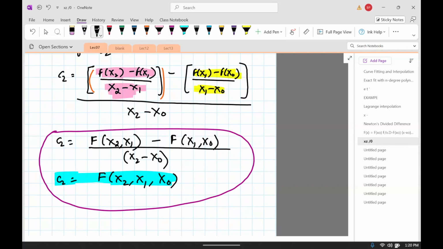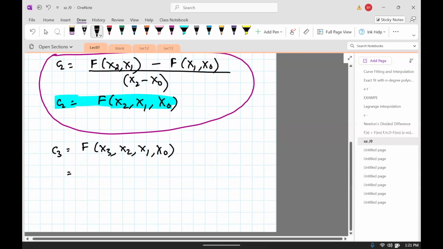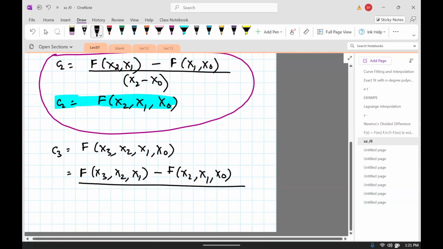We could show that with 4 points, C3 will be uppercase F x3 x2 x1 x0, which would look something like this: F x3 x2 x1 minus F x2 x1 x0 divided by x3 minus x0.